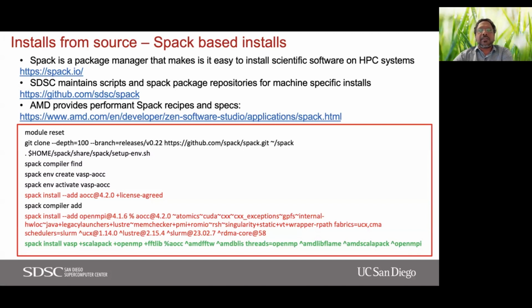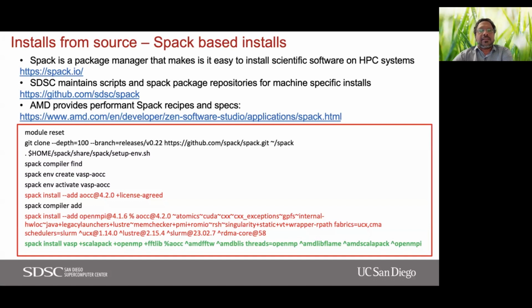So Spack is a package manager that lets you do these sorts of things easily on HPC systems. All our software installs are done through Spack, and we have a GitHub repo that Marty set up and all of us contribute to for machine-specific installs. You can look at those because we have submit scripts that will go ahead and install things.